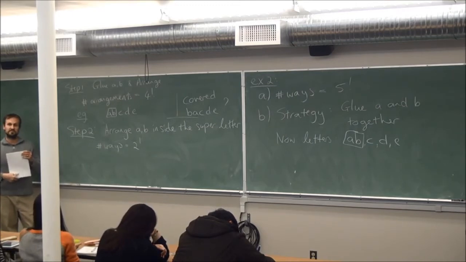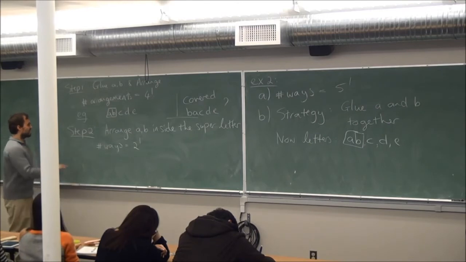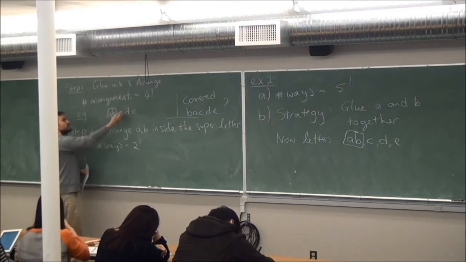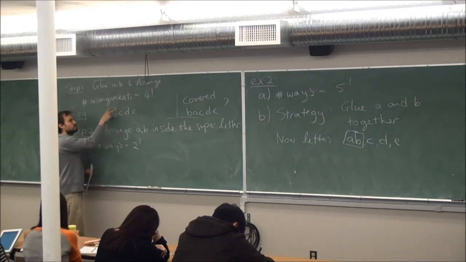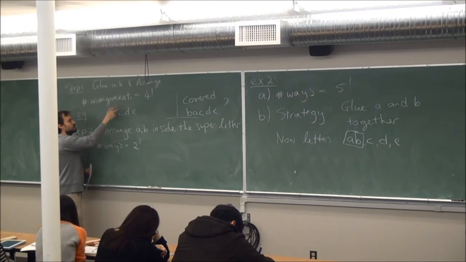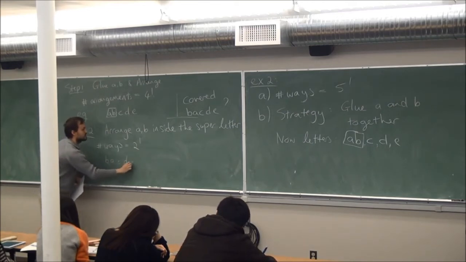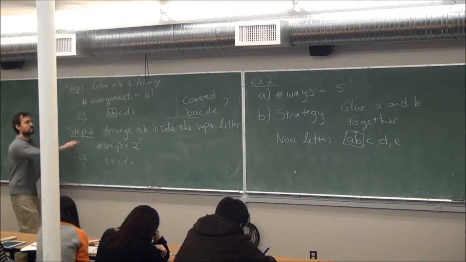You happier now? Once I see the end part. Okay, fair enough. Give me an example. So I'm updating the example. At this point, I wasn't done. I had this glued letter, arranging this as if it was one thing. Now I unglue it, and I can shuffle them inside, and I get B, A, C, D, E. Maybe it stays the same.